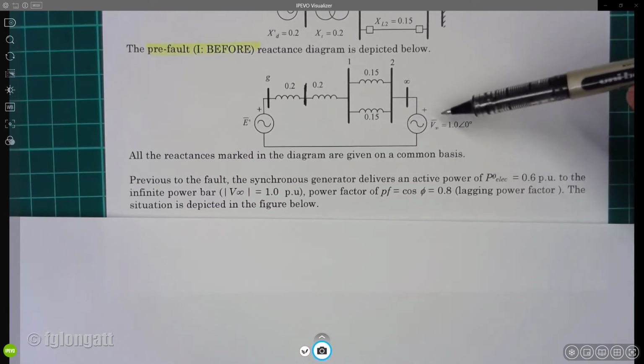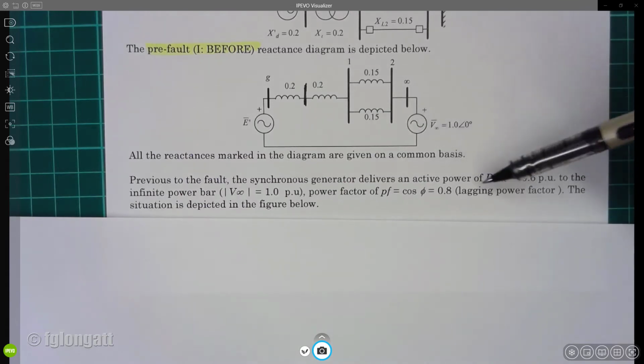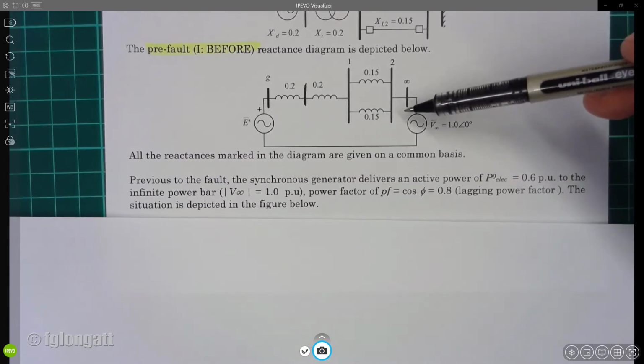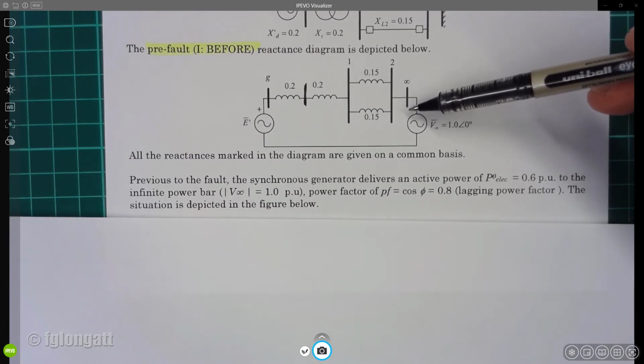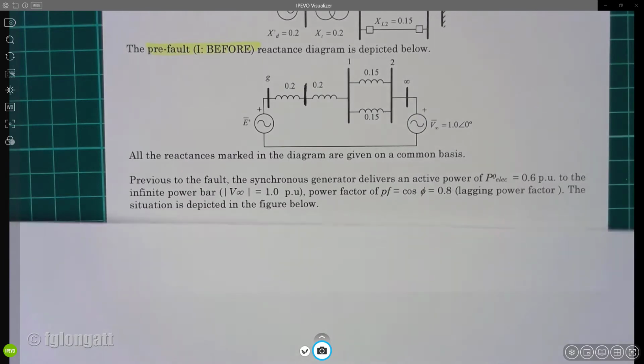Here the voltage is 1 per unit. All of you know that. And the power factor, I already explained, is measured here, and it's 0.8 lagging, okay?